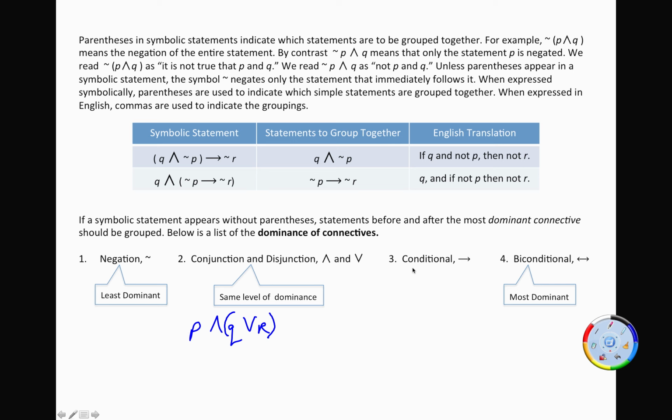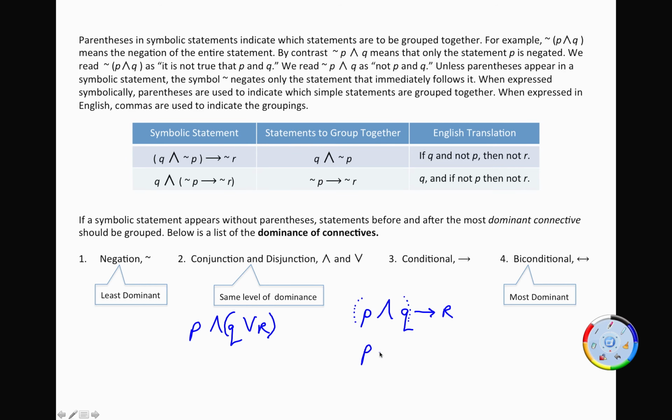On the other hand, if I had an if-then with a conjunction, I don't really need those parentheses because the dominance of connectives tells me that this is grouped together automatically. Right? This is more dominant. This is an if-then statement. It implies that the P and Q are automatically grouped together.